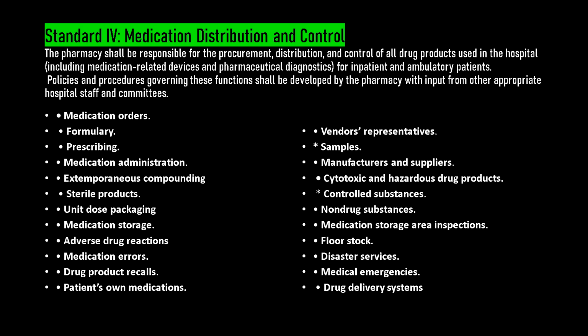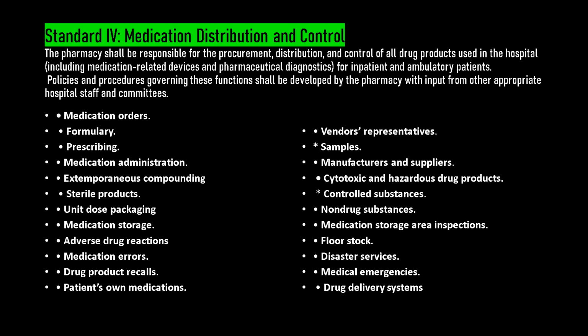Adverse drug reactions. I will explain this type of reaction later, but an ongoing process for monitoring, reporting, and preventing adverse drug reactions shall be developed. And medication error. Pharmacies with physicians and other appropriate hospital personnel shall establish the policies and procedures with respect to medication error prevention and reporting.